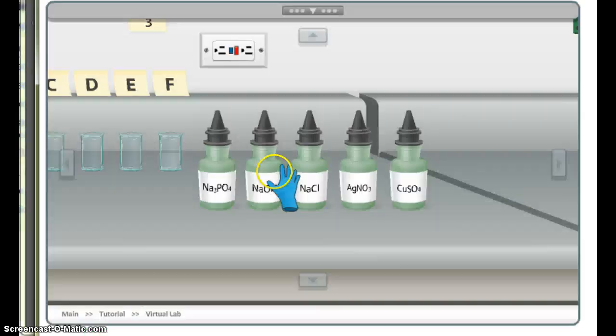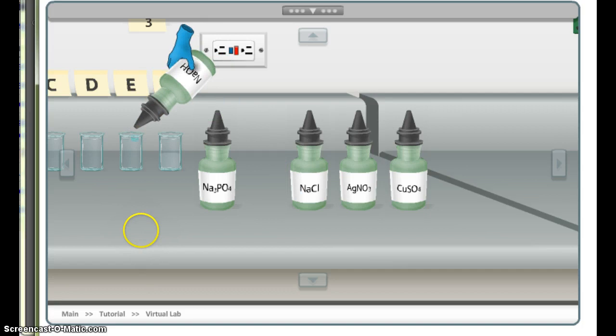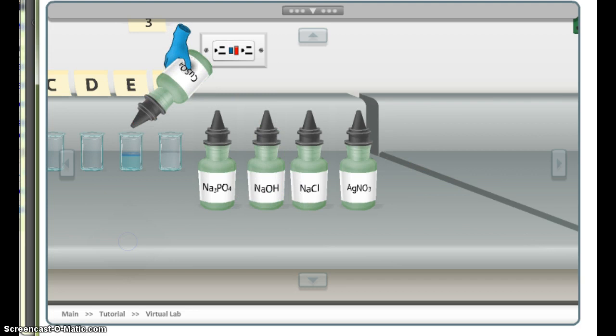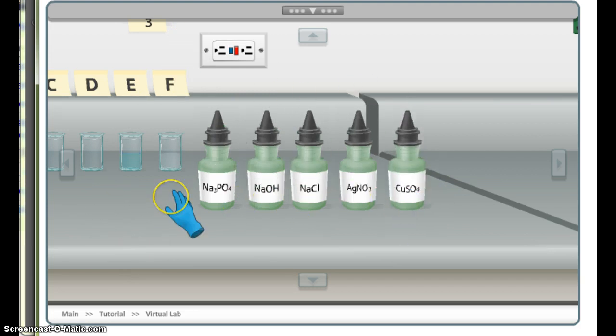So let's try it. All right, so let's grab 5 drops of this. And we're putting it with 2 drops of copper sulfate. And now if we wait a little bit, it's light blue, and so we'll wait and see. Oh, we definitely have a precipitate.